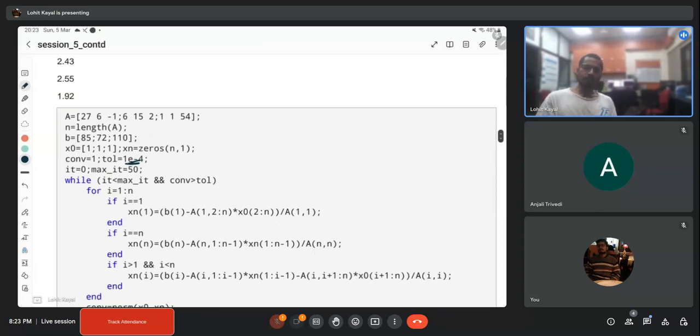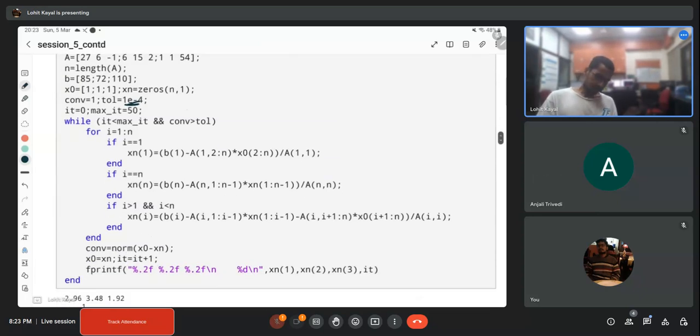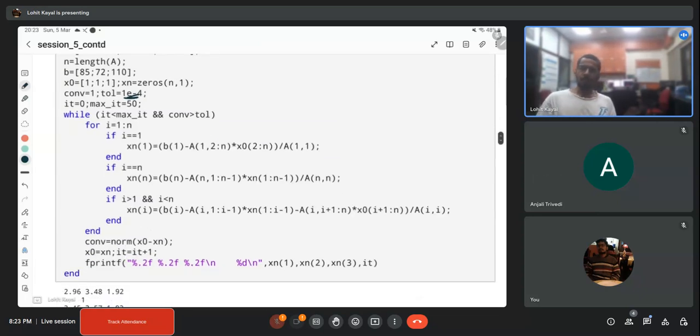Nothing is mentioned about the initial condition, so I have taken an arbitrary case: 1, 1, 1. The codes are exactly the same, but I will discuss it again so that it is clear. At the first step, all the elements come from the previous iteration x naught.